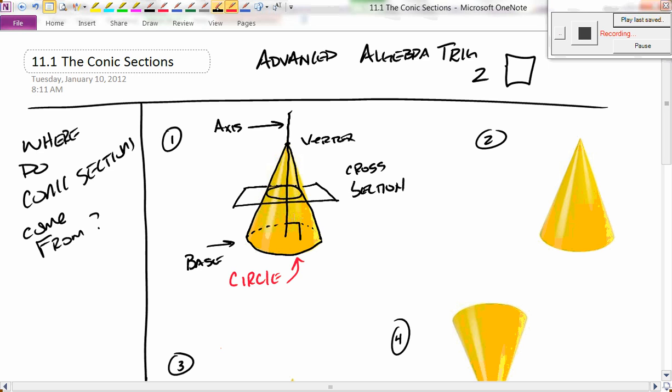Okay, there are four of these, so I'm going to go through each one. So again, I'm going to draw my cone here for emphasis. Go back, put an axis in the middle, make it perpendicular to the bottom. Okay, and if you take that cross section and you sort of tilt it on a side, so if it looks like this, if you tilt it up on a side.